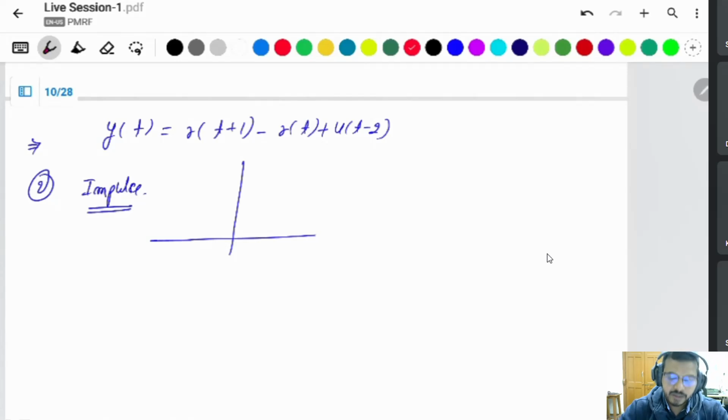The impulse signal exists only at the origin, at 0, with a value of 1, and is represented as delta(t).